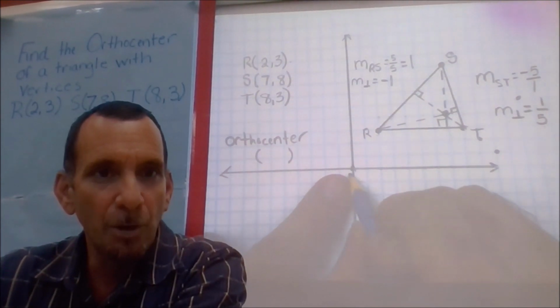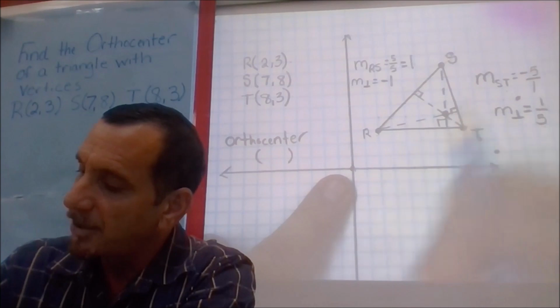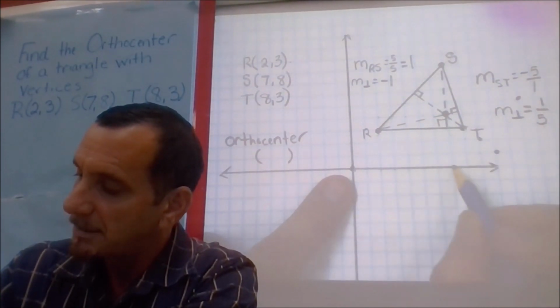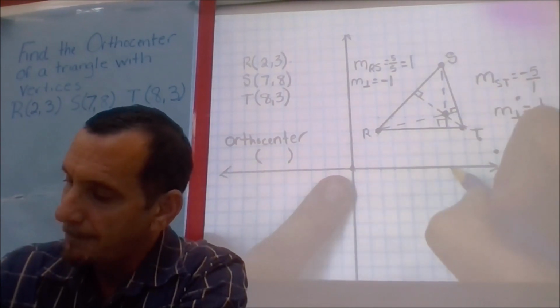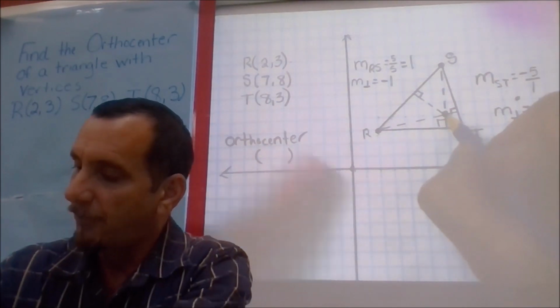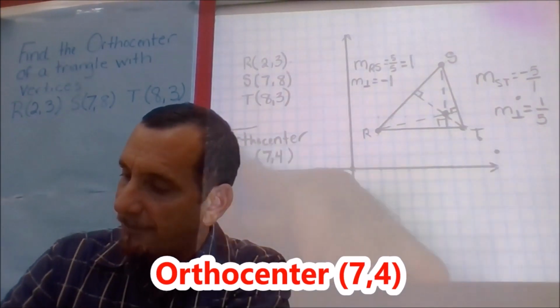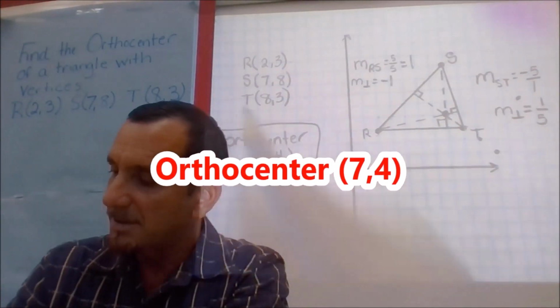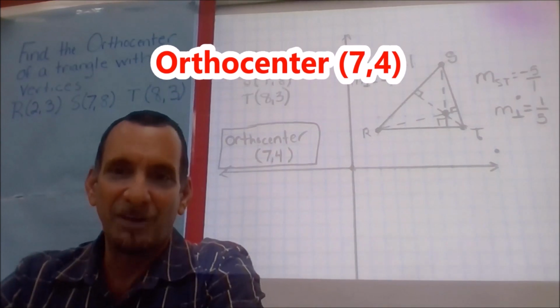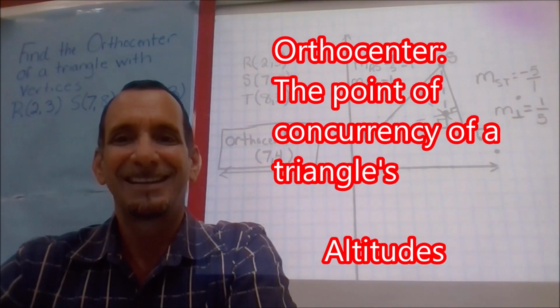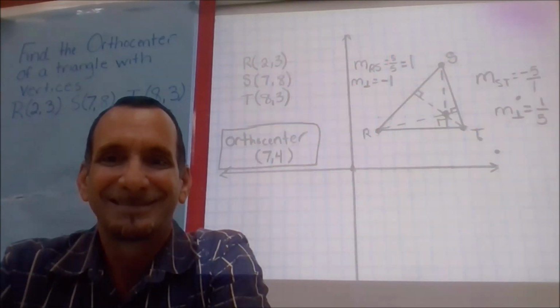So if we start at the origin and we want the coordinates of the orthocenter, that is (7, 4). Our orthocenter is at (7, 4), and that was found by graphing the point of concurrency of the altitudes.